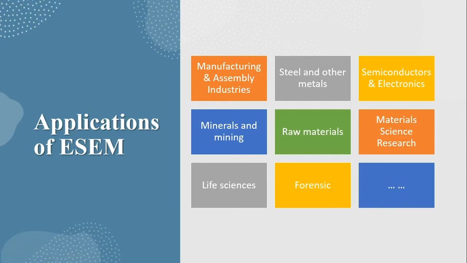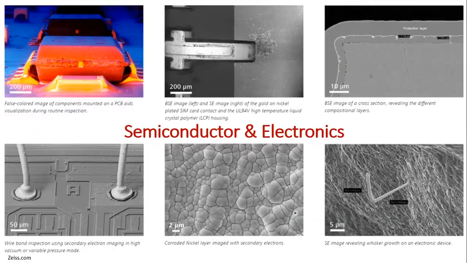So there are a lot of applications of ESEM. For example, you can use the microscope to observe or monitor the structure of a product during manufacturing and assembly. Here I just give some examples, for semiconductors and electronics. This is a backscattered electron image to reveal different compositions and different layers.